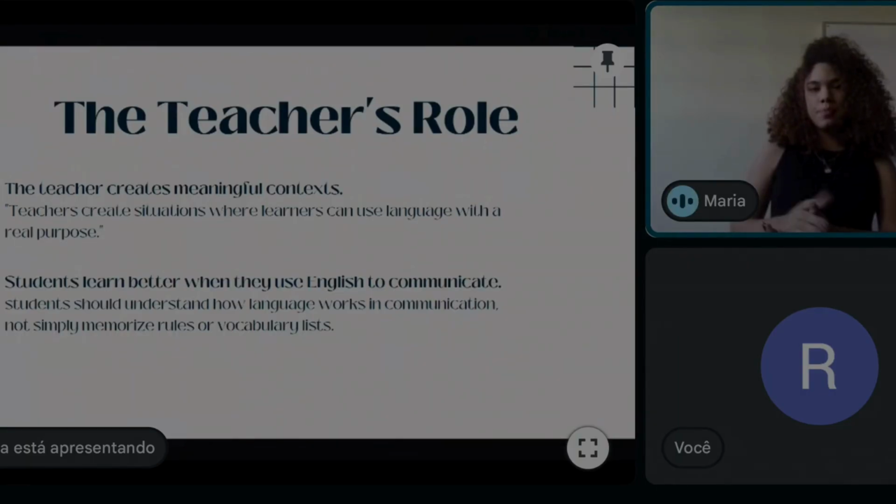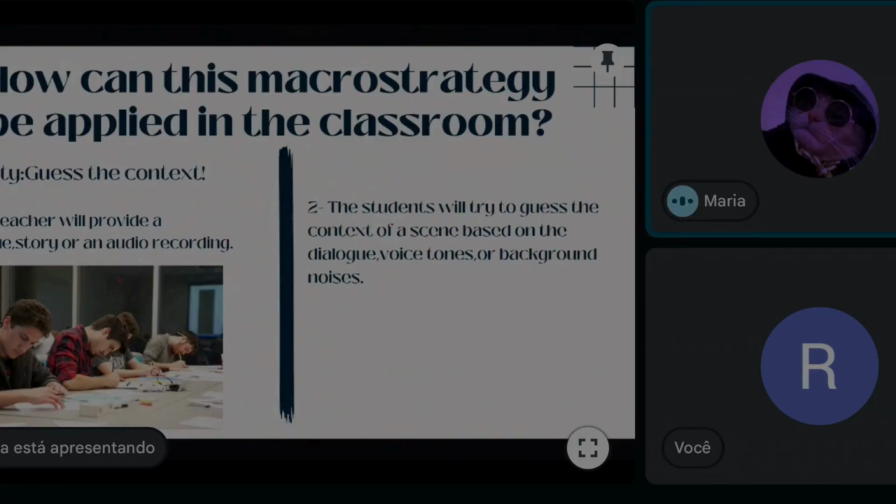Now we're going to see an example of this macrostrategy. How can we apply this macrostrategy in the classroom? We've elaborated an activity called Guess the Context. How will this activity work? The teacher will provide a dialogue, a story, or another recording.